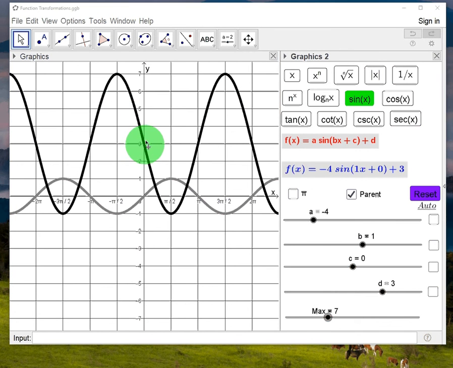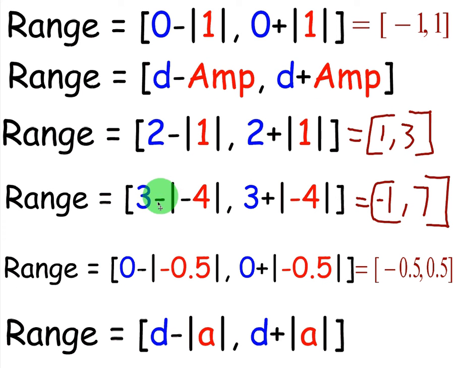Okay, so if our theory holds, we're going to do d minus the amplitude and d plus the amplitude. D is 3, 3 minus 4 is -1, 3 plus 4 is 7, and that indeed gives us the range of sine. So 3 minus the absolute value of -4, because it's got to be amplitude, so positive, and then 3 plus the absolute value of -4, and indeed we do get -1, 7.